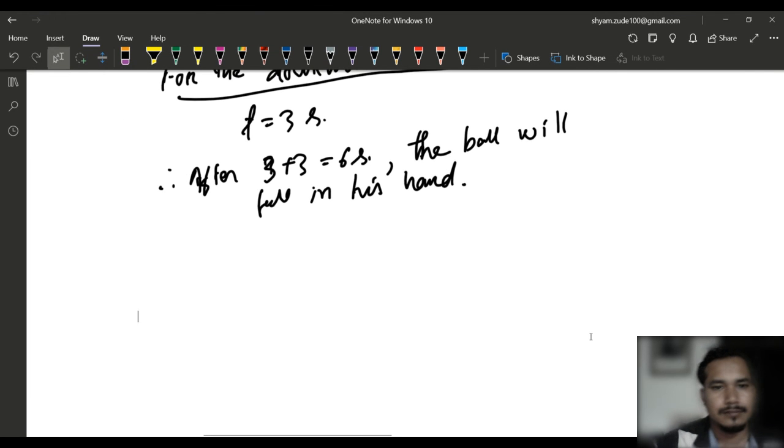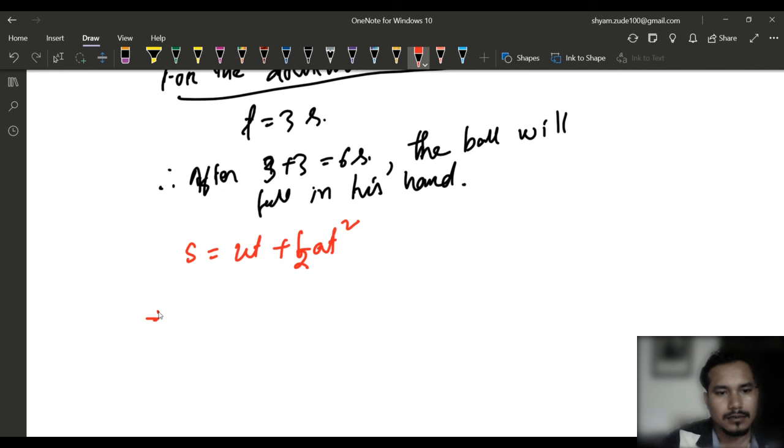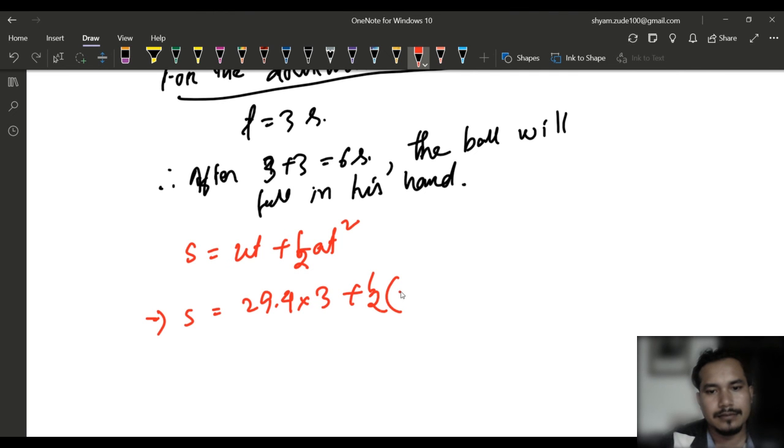By using this formula, s is equal to u, which is 29.4, into t, which is 3 seconds, plus half of a, which is minus 9.8, t is 3 squared.